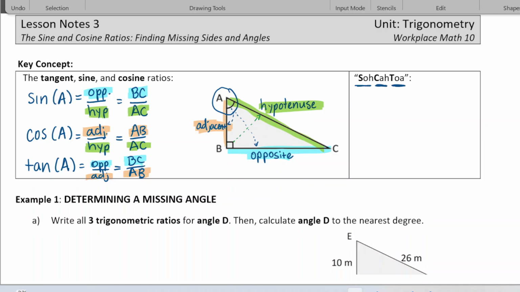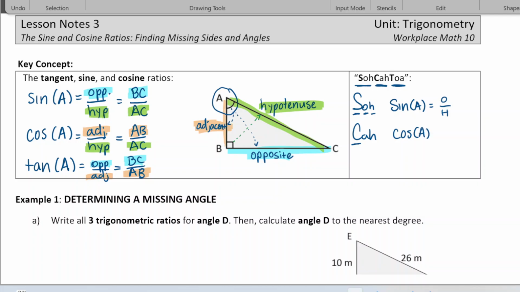SohCahToa. So there's three parts to it. Soh is for the sine ratio. S stands for sine. And the next two letters tell you the formula in order. So O H, opposite over hypotenuse. And then we have Cah next. That's the cosine ratio.